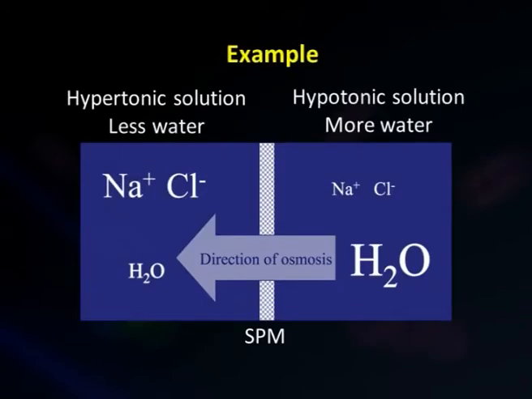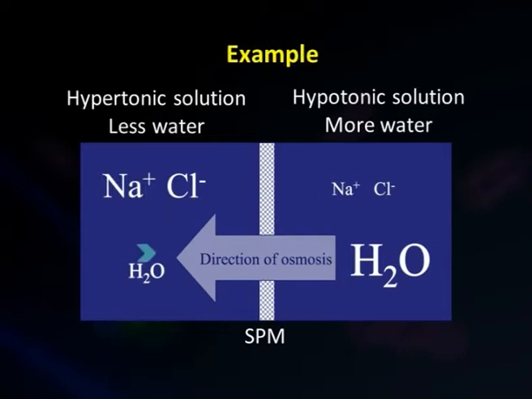In this figure also, you can see if two solutions are separated by a semi-permeable membrane, one solution is hypotonic solution. Here the concentration of solvent is larger as compared to solute. The other solution is hypertonic solution.